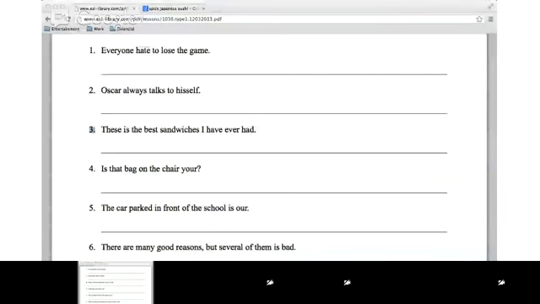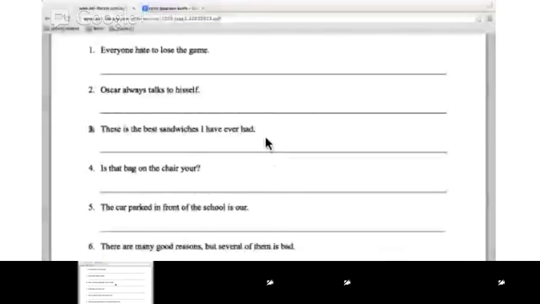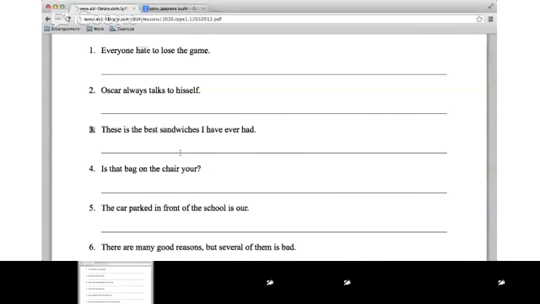How about number 3? And this is for Elizabeth. This is the best sandwiches I have ever had. These are the best sandwiches I have ever had. Yes, these are.